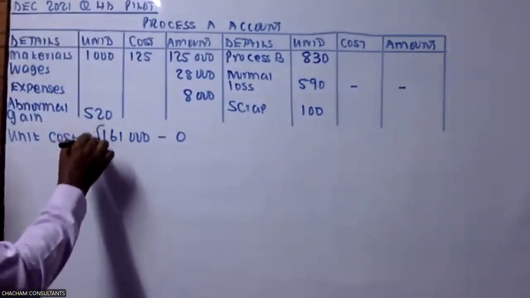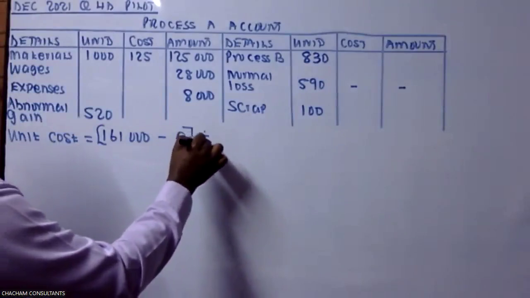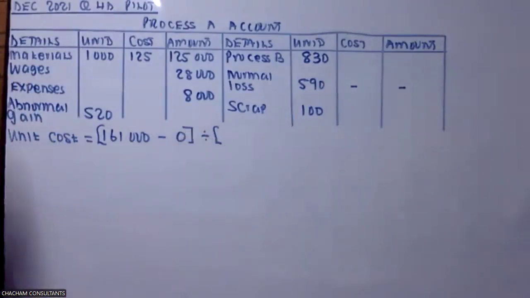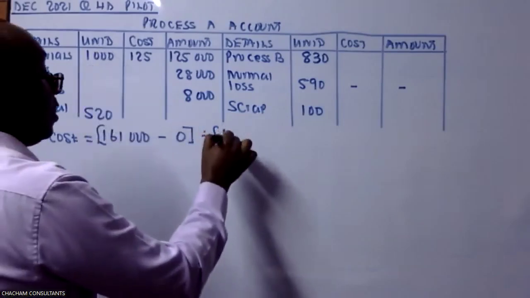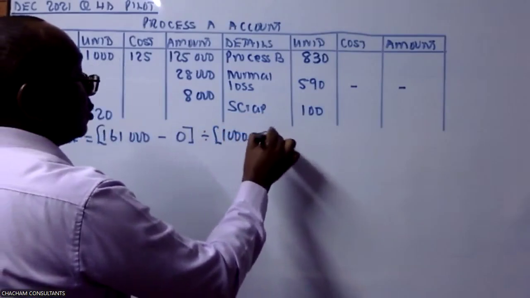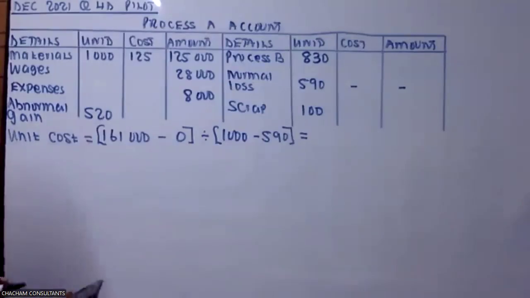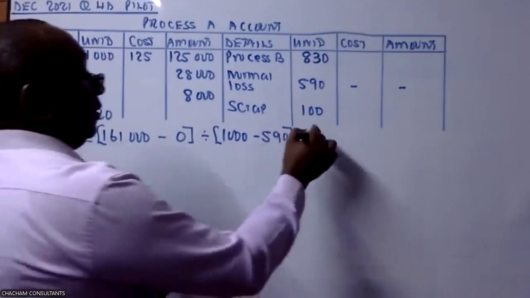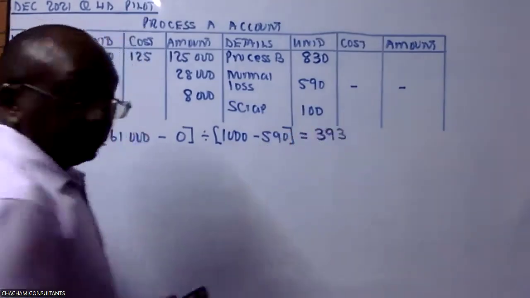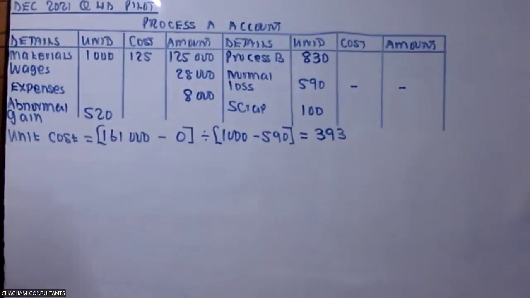So now the whole of this we divide by the expected output, which we said is the input minus the normal loss. So this should be divided by 1,000 less 590.